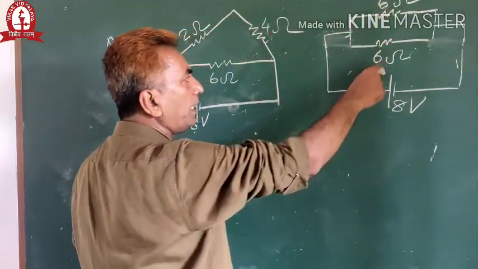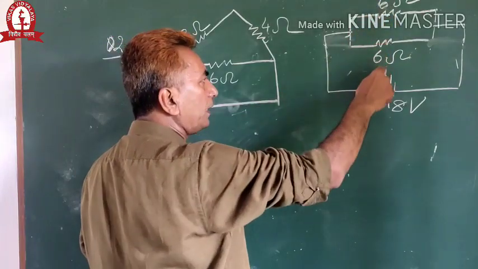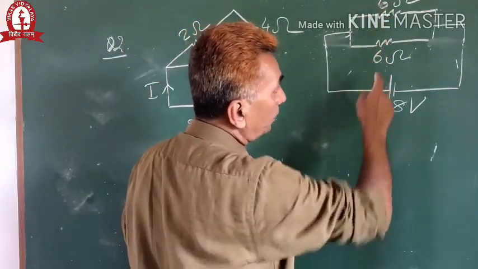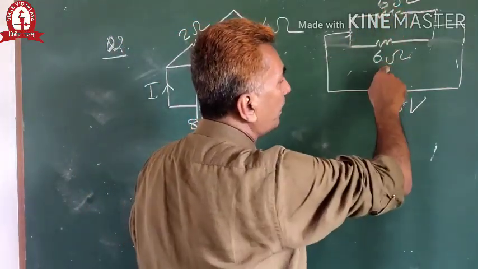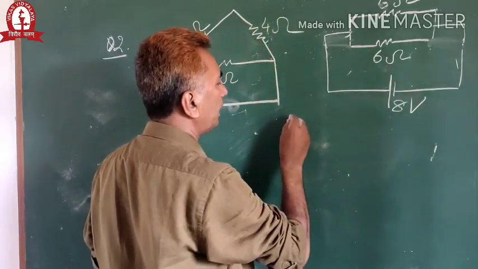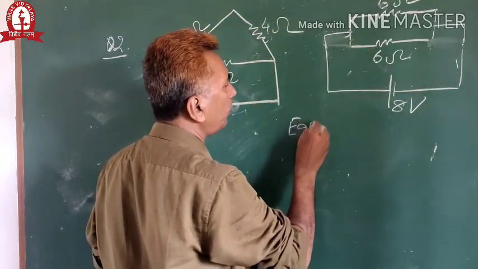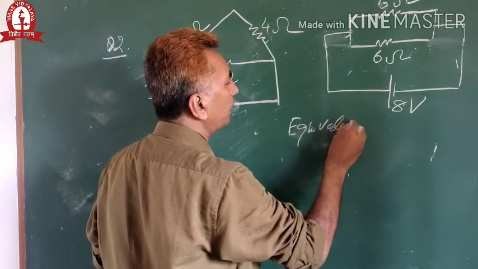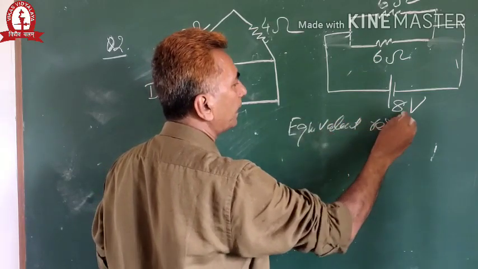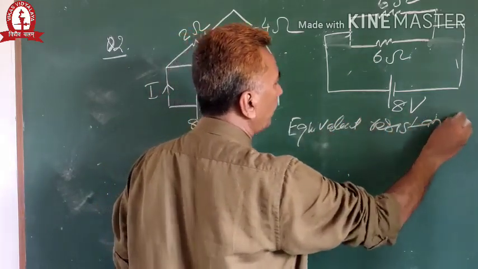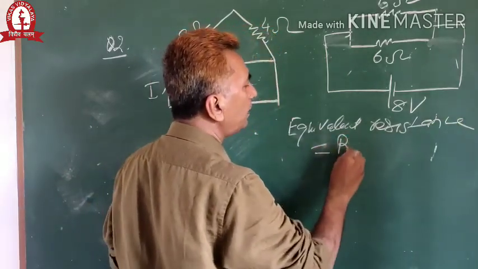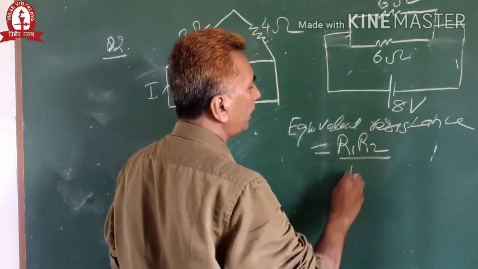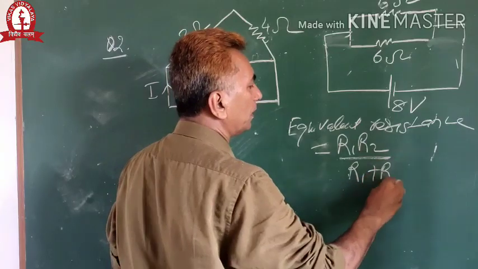That means now it looks very clear that 6 ohm and 6 ohm are in parallel. So 6 and 6 in parallel would become 3 ohm. How? Now the equivalent resistance will be equal to how much? R1 R2 by R1 plus R2.